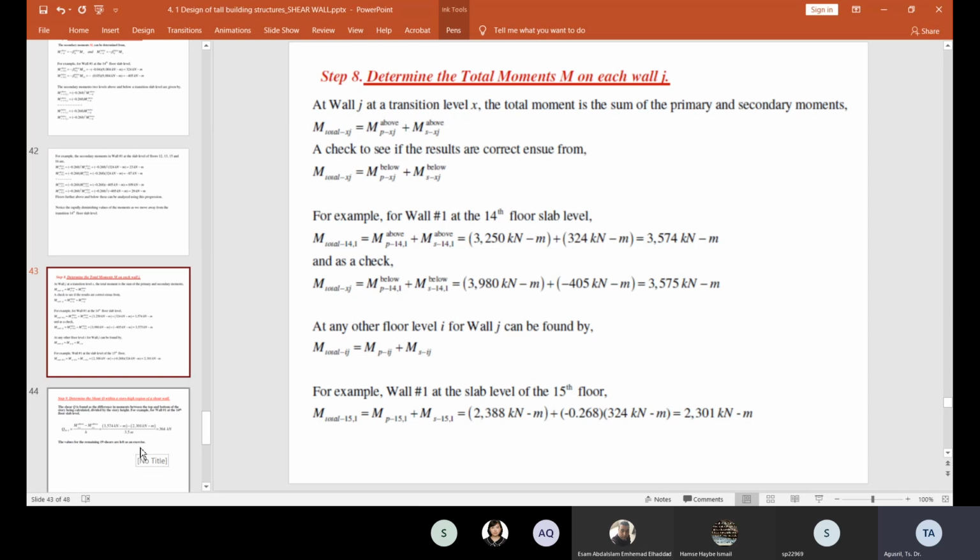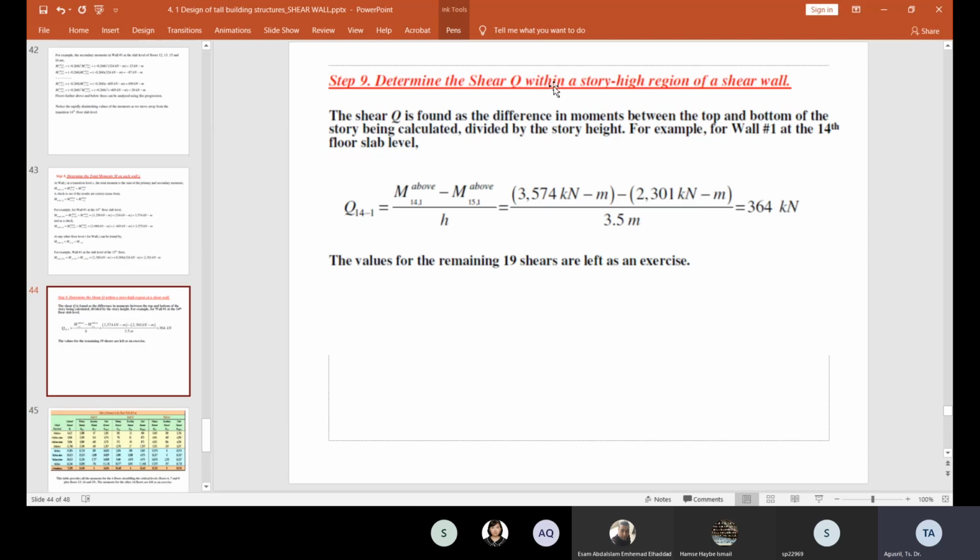And then from this we already have the moment at level 14, 3575, and then the moment at level 15 is 2301 kilonewton meter. So from the difference of these levels divided by the height of one floor, we can get the shear force for the wall.